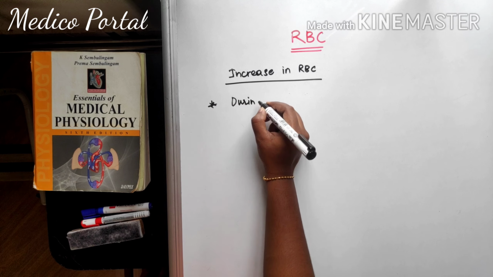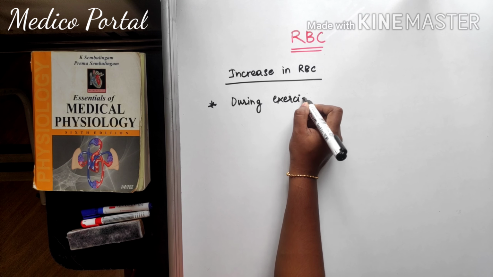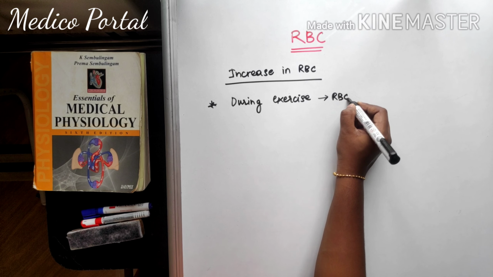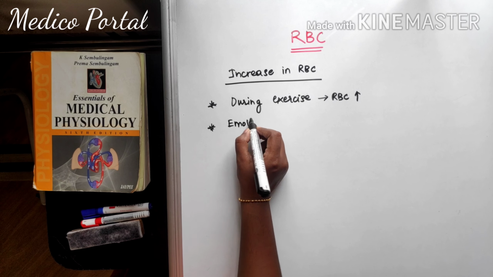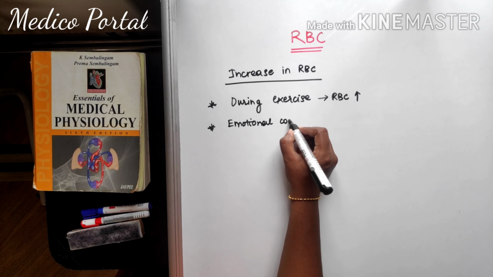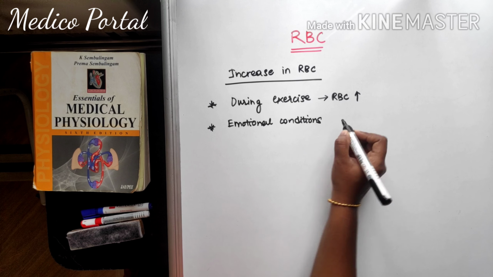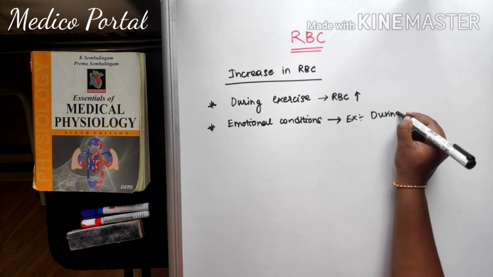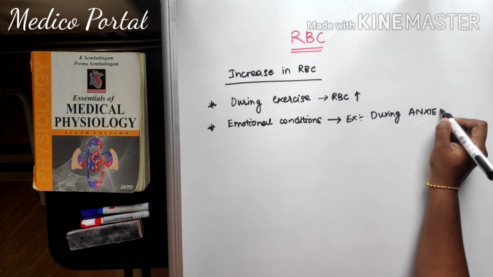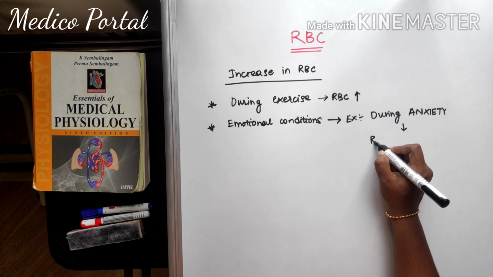Coming to the other important point, during exercise the RBC increases immediately after exercise, and also in emotional disturbances or emotional conditions like anxiety, the RBC count increases. And these are some important points.